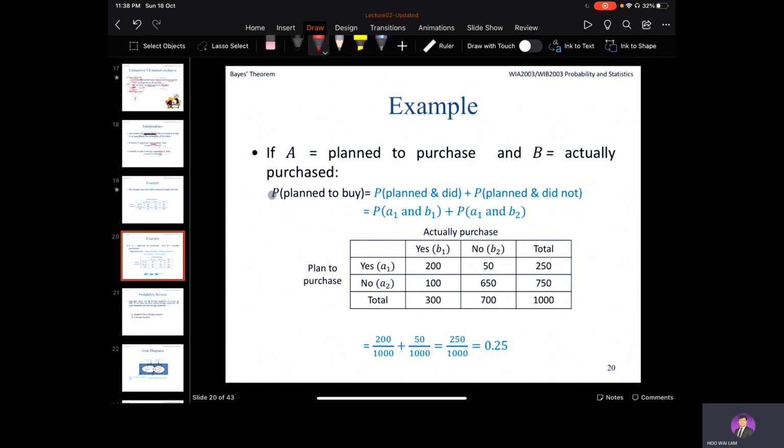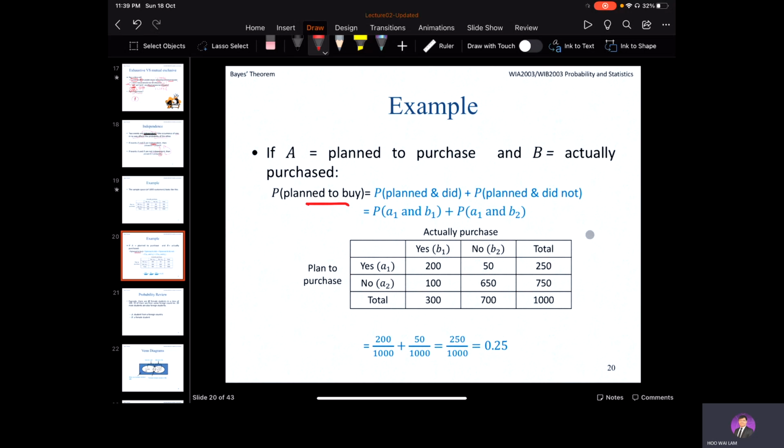In that case, for you to calculate P of plan to buy, this is the process of calculating a marginal probability. Why? Because you only consider the probability of plan to buy, regardless of whether event B, did they actually buy or not. So you need to consider both potential outcomes, buying or not buying, because both of them have the potential probability of plan.